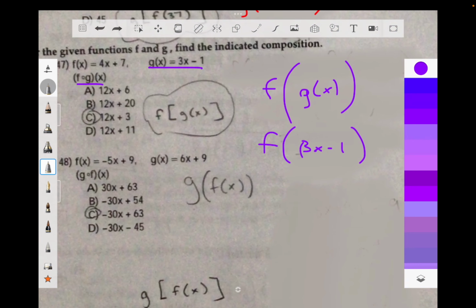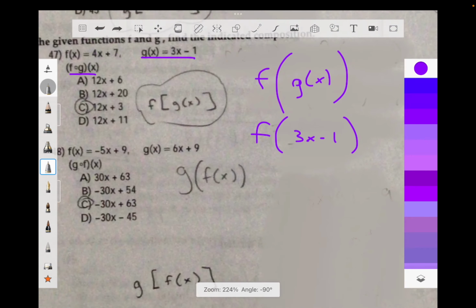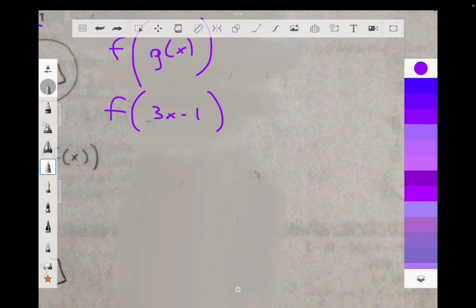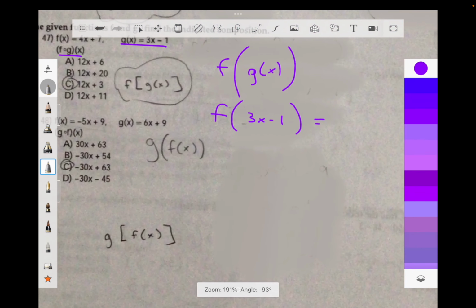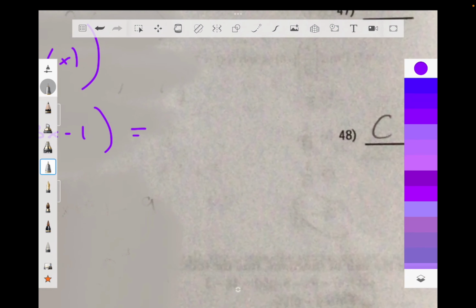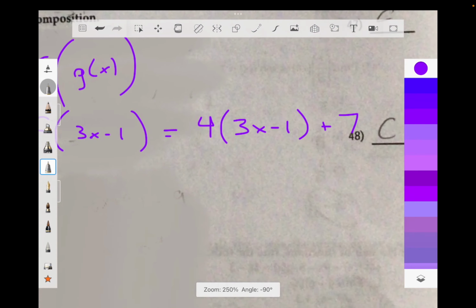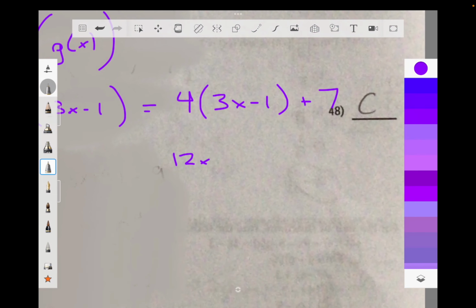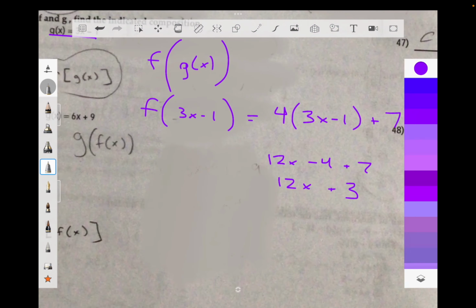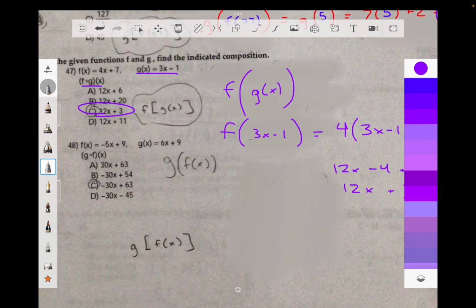So you plug in this 3x minus 1 into that x. So this is going to be 4 times 3x minus 1 plus 7. Distribute the 4, so you get 12x minus 4 plus 7, which is 12x plus 3. Right there.